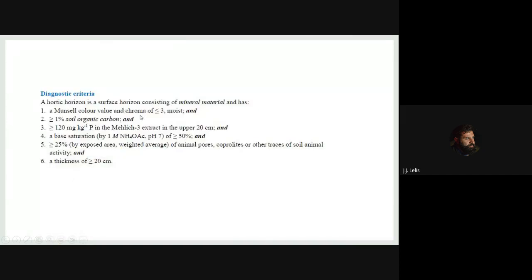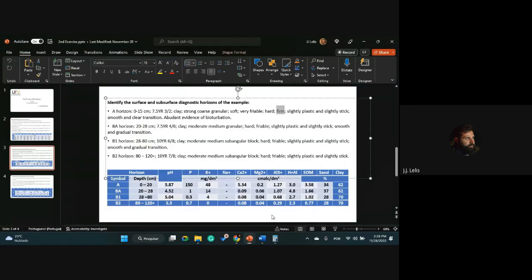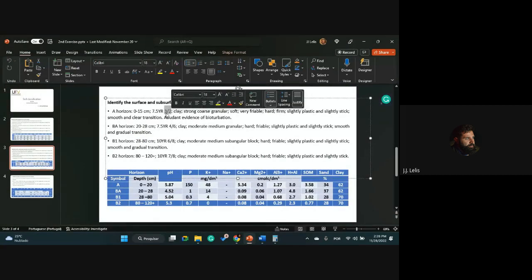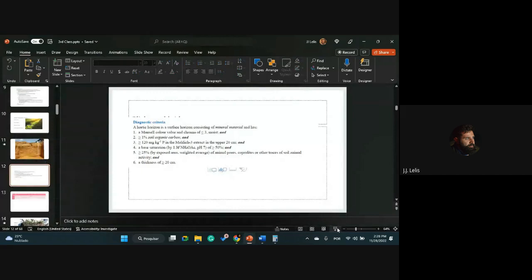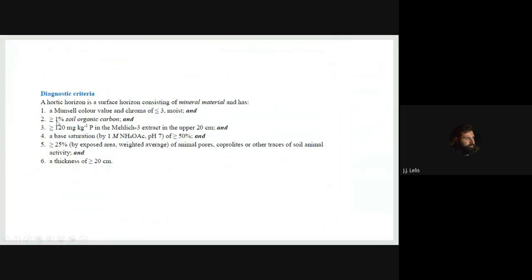Now the Arctic horizon. It should present a low value and a low chroma. Okay, we have a low value and a low chroma. Let's see here. We have a value of 3 and a chroma equal to 2. It should present soil organic carbon equal to or higher than 1%, and we have 2%, so okay.